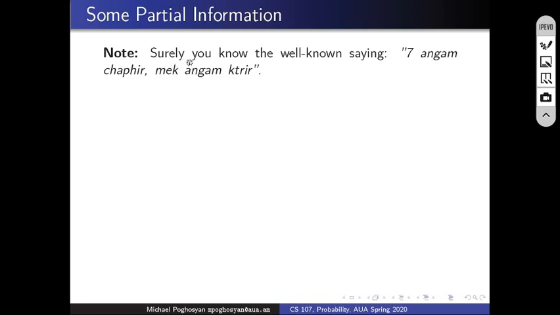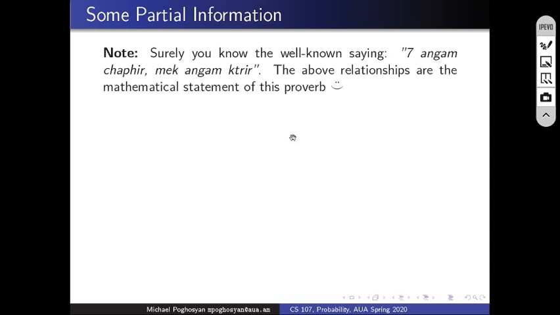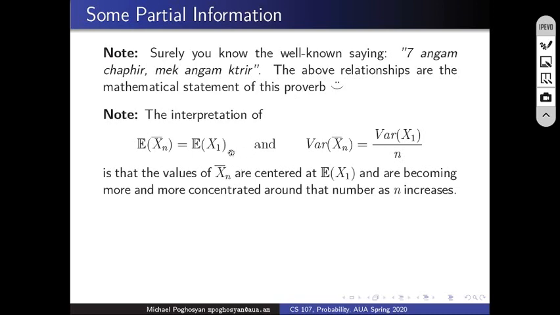Well, we have talked about this. The last property was the mathematical form of this proverb, Yotan kam chapir, mekan kam katrir. This is the mathematical statement. And the interpretation of these two, that the expected value of Xn bar is equal to the expected value of x1, and the variance of Xn bar is the variance of x1 over n, is the following.